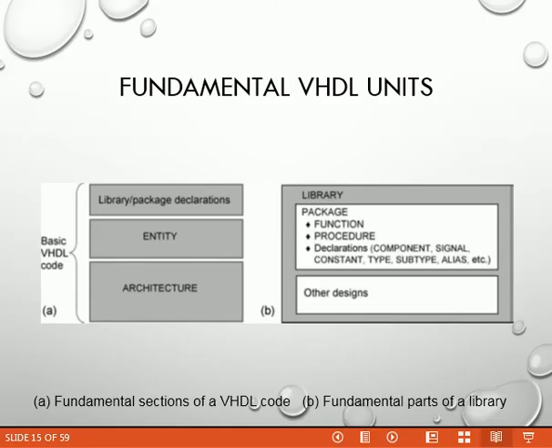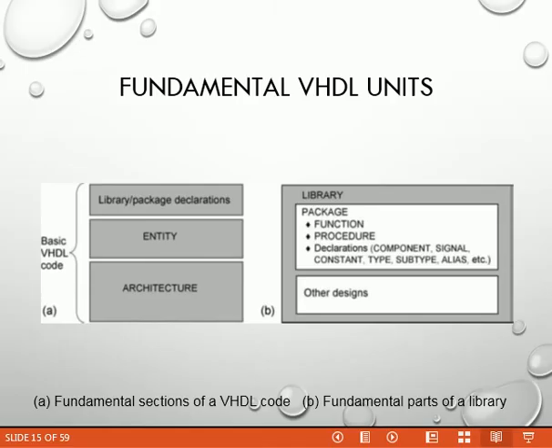Now the library or package declaration contains a list of all libraries and respective packages needed in the design. So all libraries like IEEE and their packages, such as the standard logic packages, are present in this first unit.